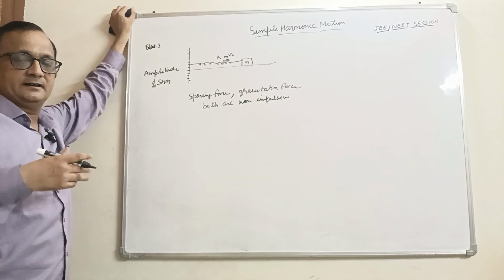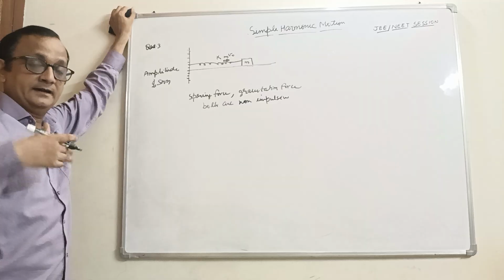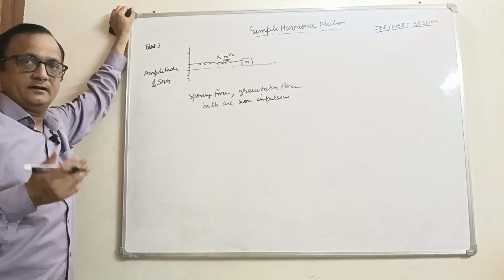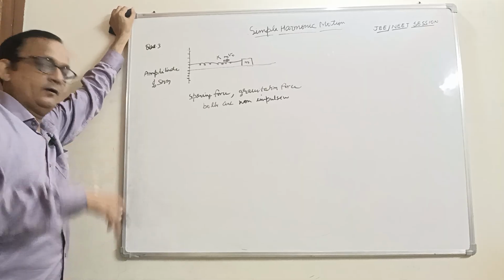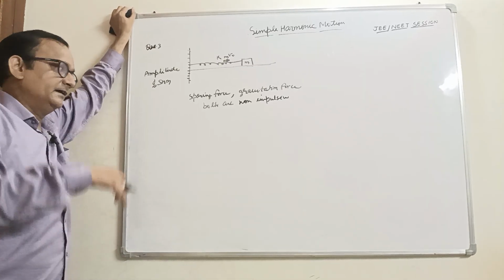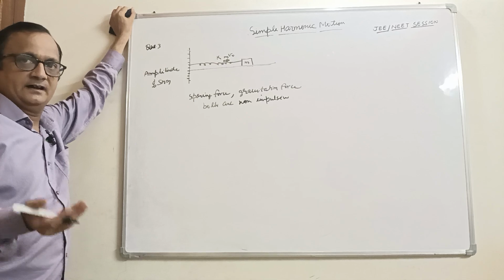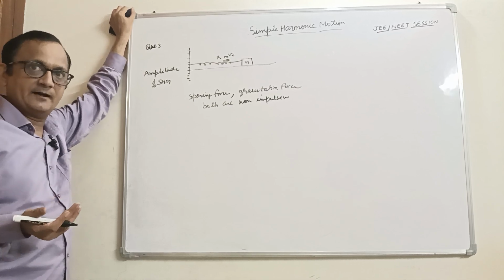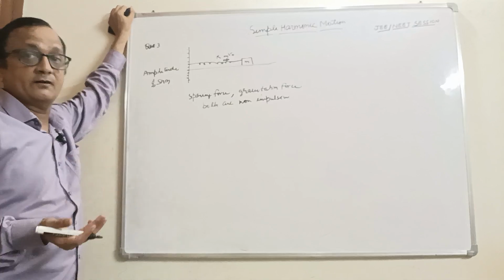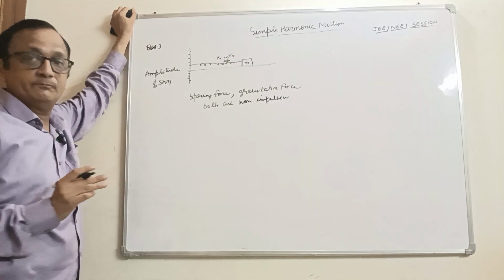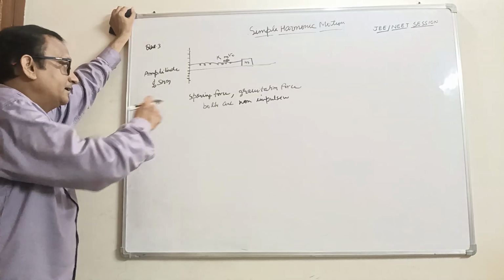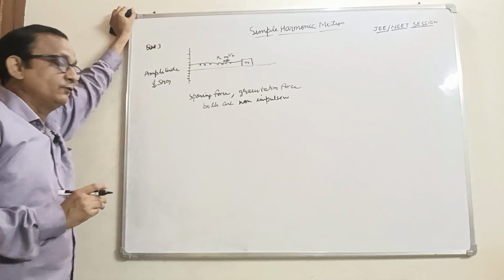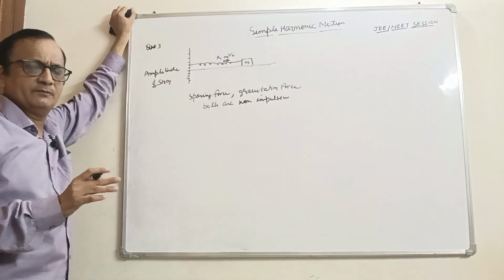Impulsive means this process happens in a fraction of a second. These are the impulsive forces. These forces are very large, but the gravitational and spring forces are very small in comparison.